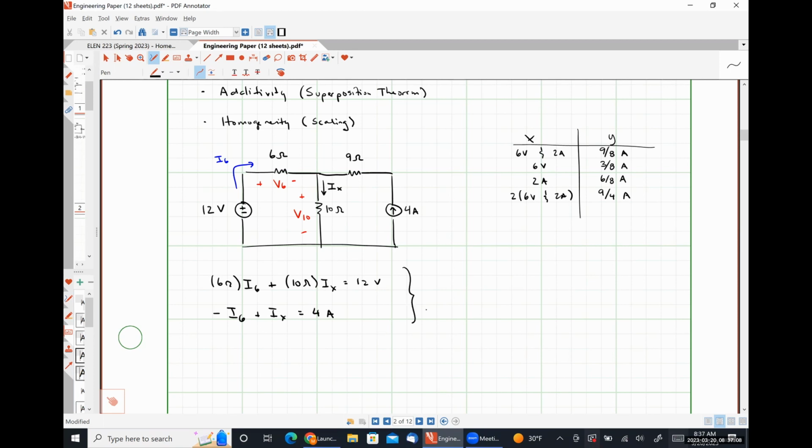And I can solve this system. This is literally the exact same system we had earlier, except that both of our constant terms are now twice as large. And let's throw it in our calculator.